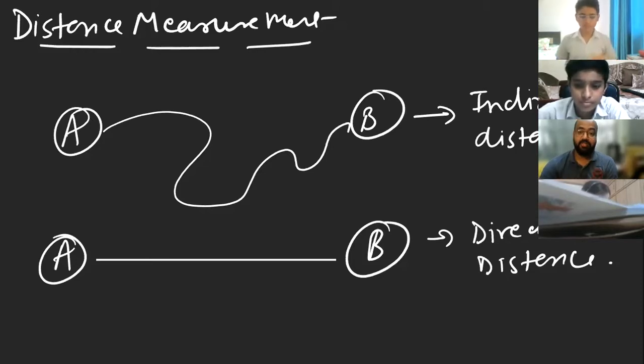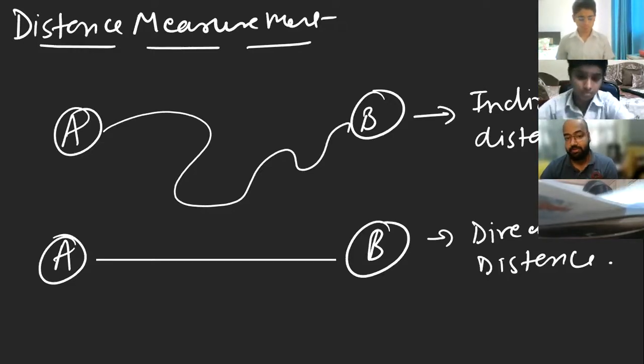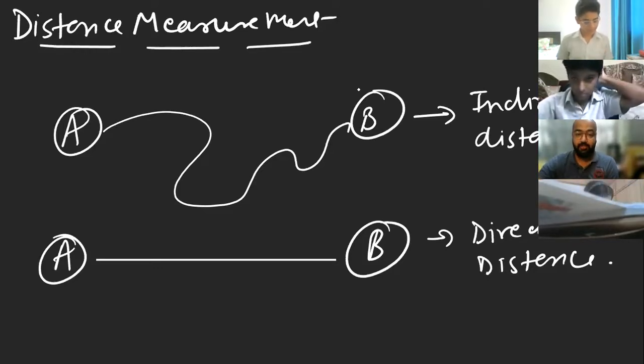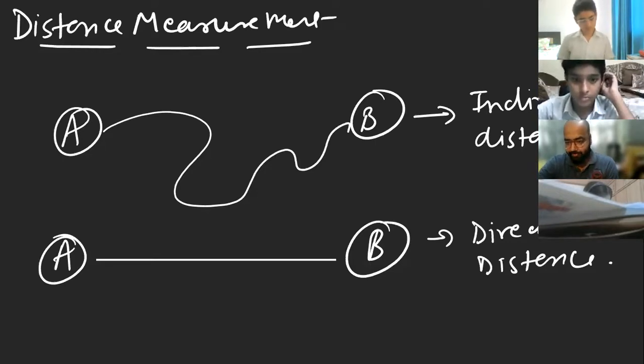Now, distance measurement on a topo sheet is done in 2 ways. One is direct distance and one is indirect distance. It's quite simple. If you have a straight road, you can find the direct distance.